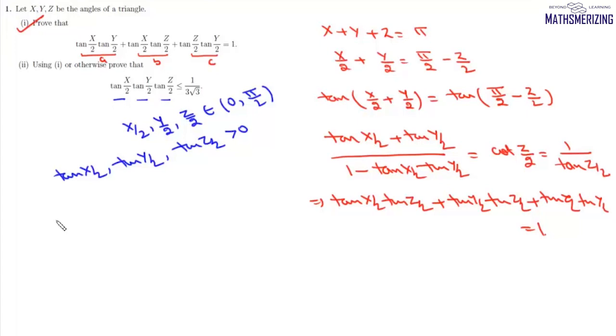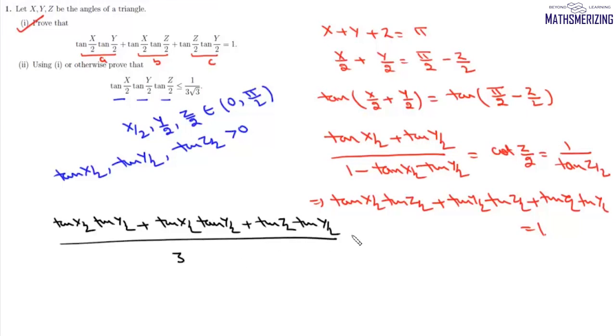So we can write (tan(x/2)tan(y/2) + tan(x/2)tan(z/2) + tan(z/2)tan(y/2))/3 will always be greater than or equal to their product to the power 1/3, and their product will be (tan(x/2)tan(y/2)tan(z/2)) to the power 2.